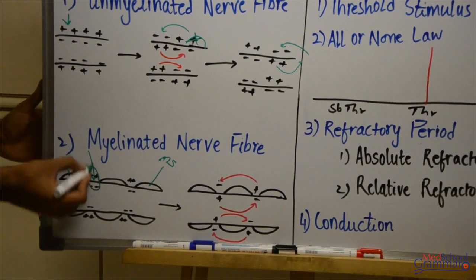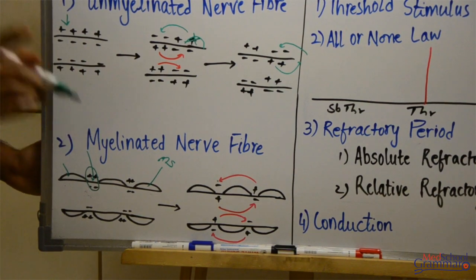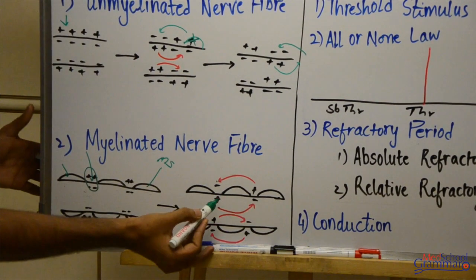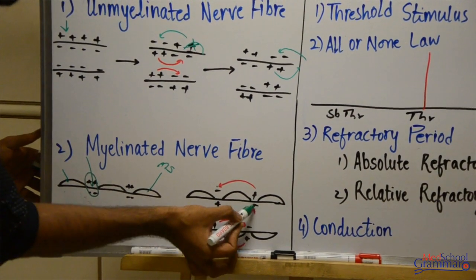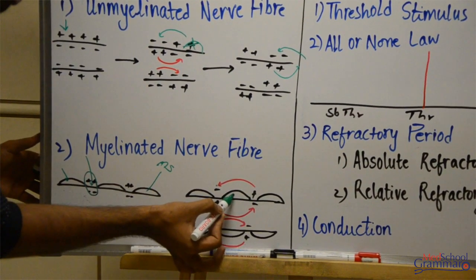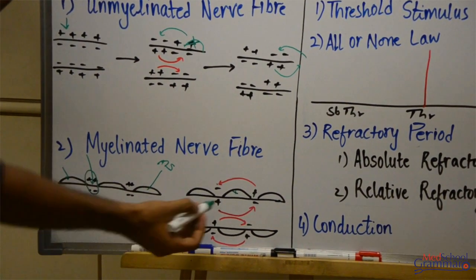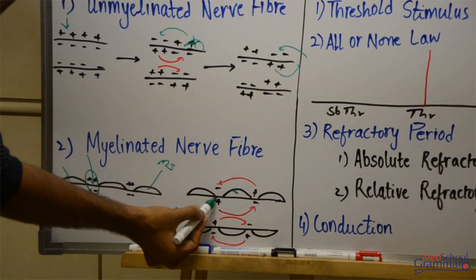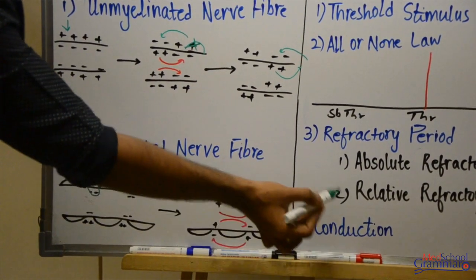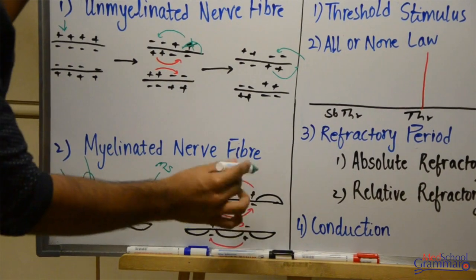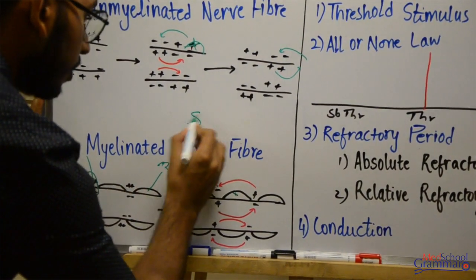We apply a threshold stimulus here and there is reversal of charges. Now, what's interesting is that charges jump from one node of Ranvier to the other. They do not involve the myelin sheath, because myelin sheath is an insulator. It jumps from one node to the next, and so on. And this type of conduction is known as saltatory conduction. What is it called?